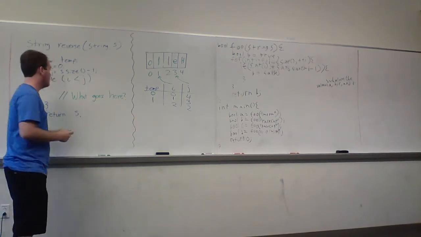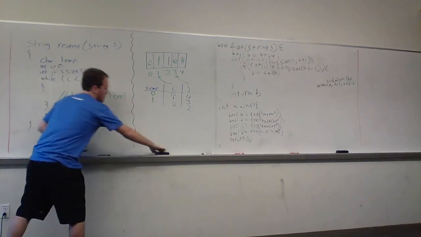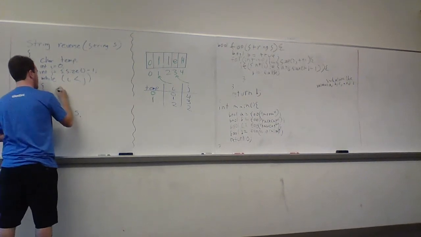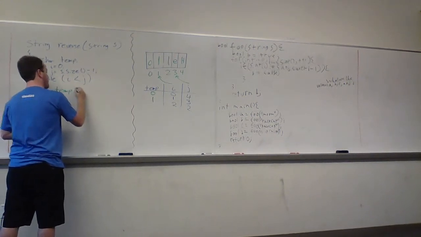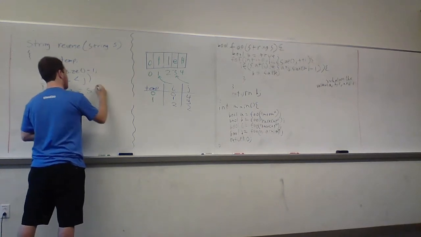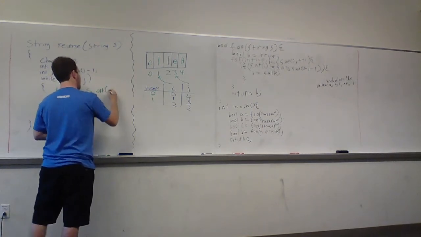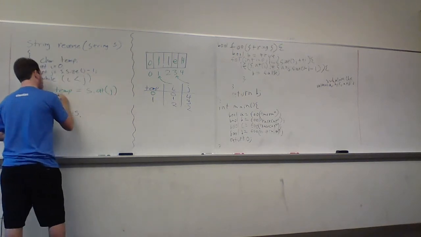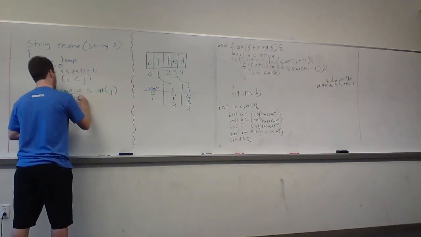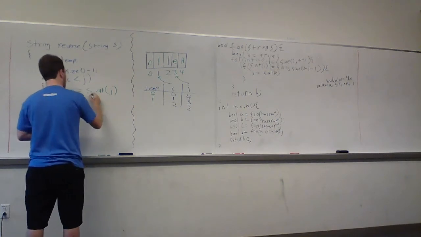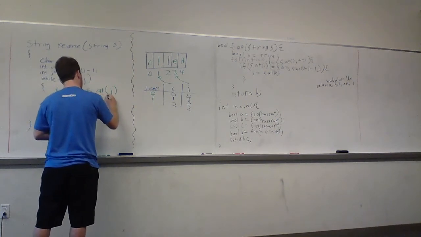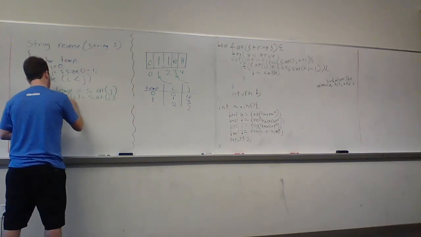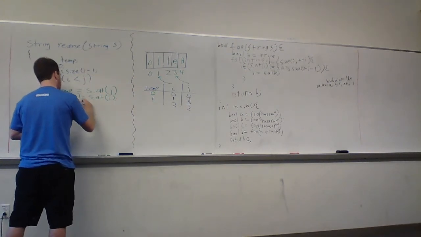So the code for that, in short, is a few lines, 5-ish. We have temp equals s.at(j). s.at(j) equals s.at(I). s.at(I) equals temp.